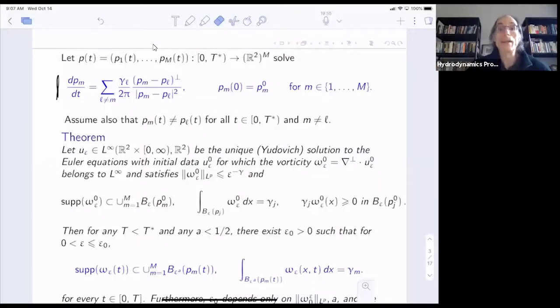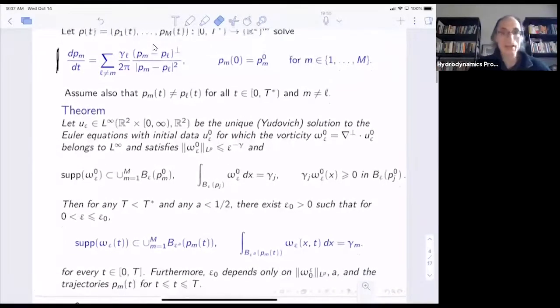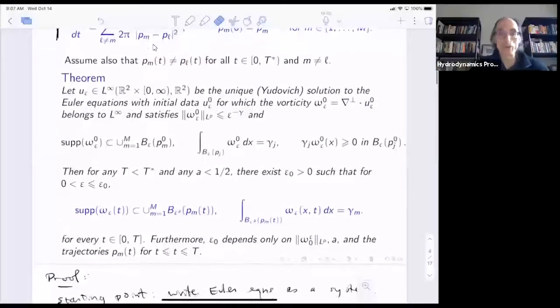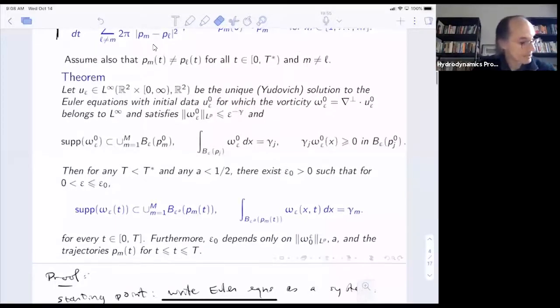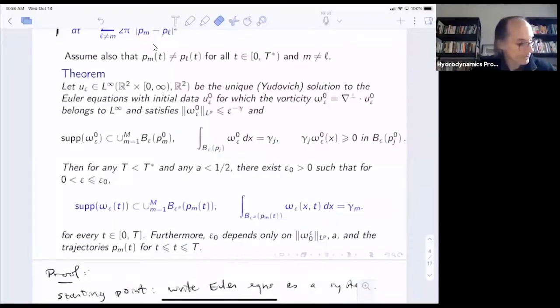Okay, and then the theorem we want to prove says that if we solve the Euler equations with vorticity which is in some way close to the initial positions for these P sub m at time 0, where close means the support of the vorticity is concentrated in epsilon balls around the initial positions of the ODEs.